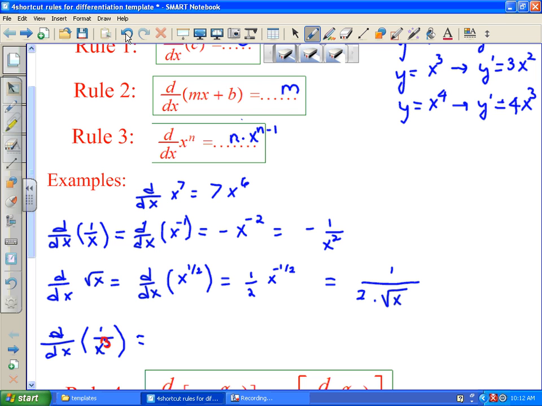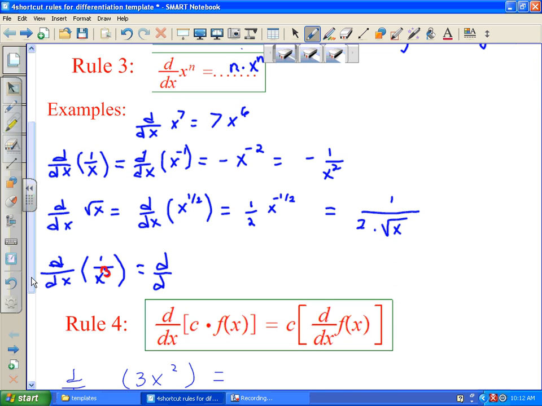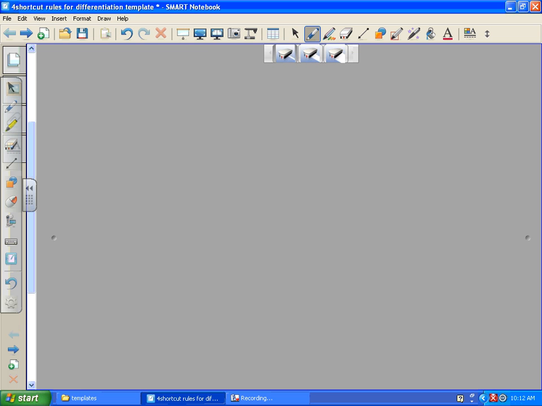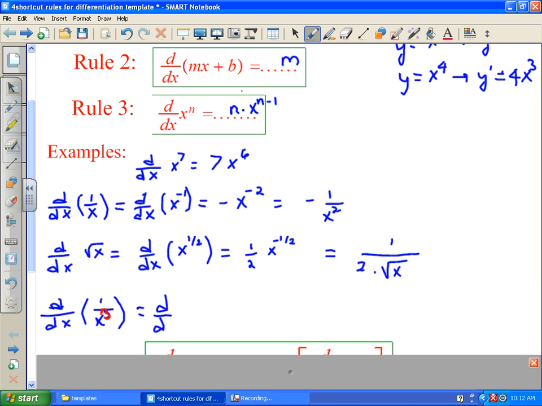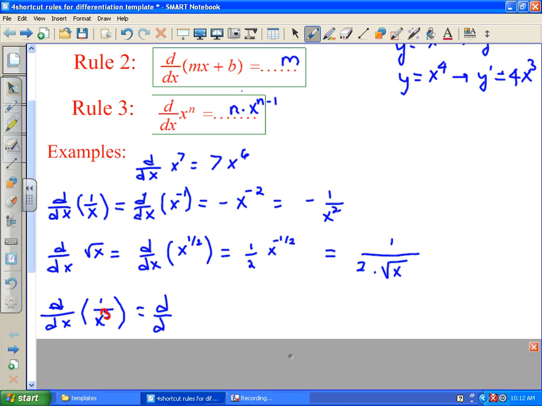So 1 over x to the third. First, we're going to rewrite it. How would you rewrite 1 over x to the third? First, just to rewrite it, it will be x to the negative third power, right?